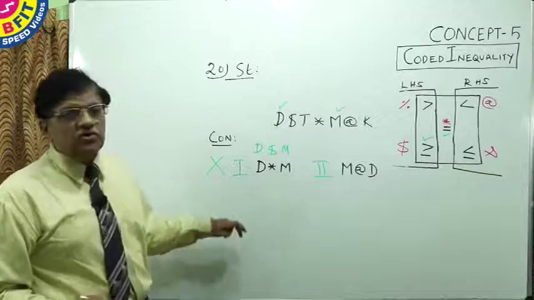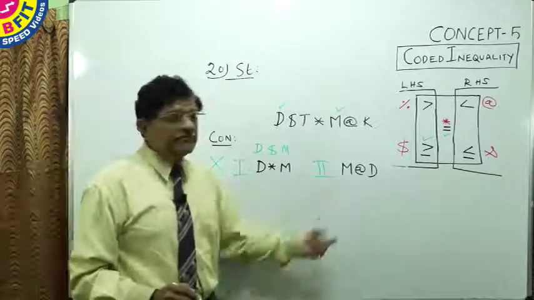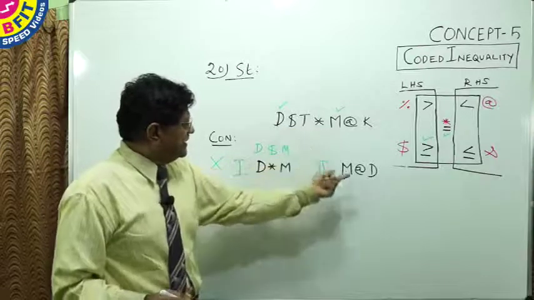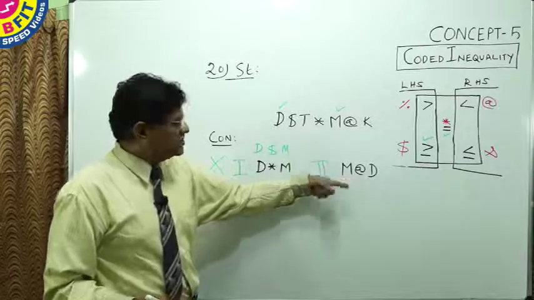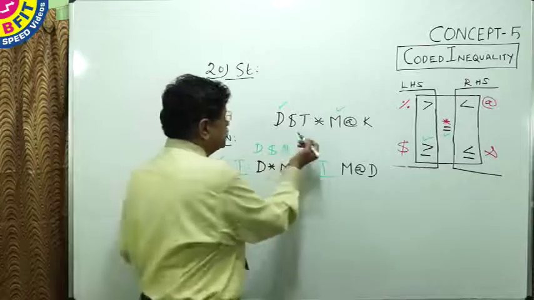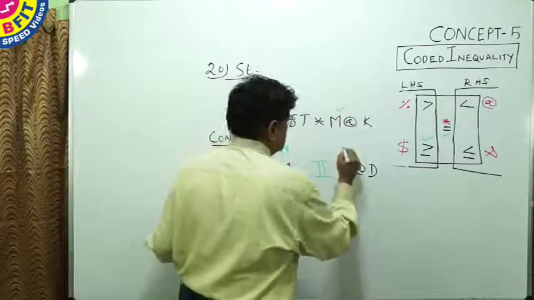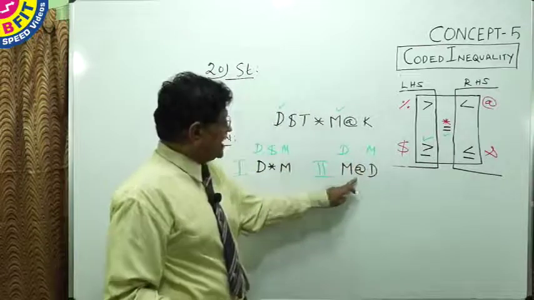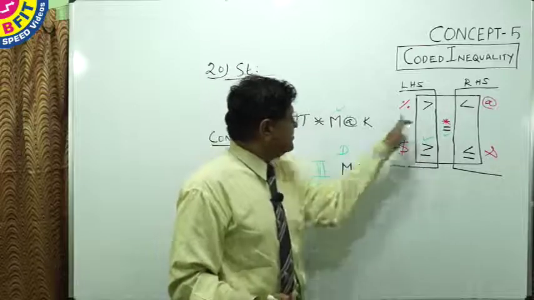Now let us go to the next conclusion, M and D. They are in reverse in the conclusion. Therefore, it has to be converted so that it will sync with the statement. So D is here, M is here. The opposite of at the rate of is percentage.